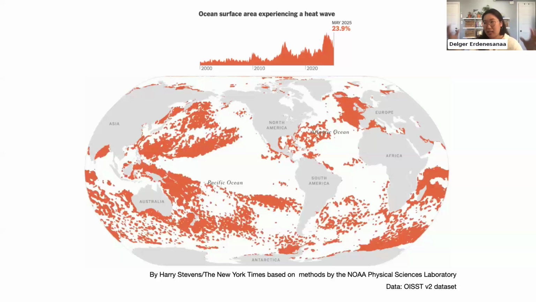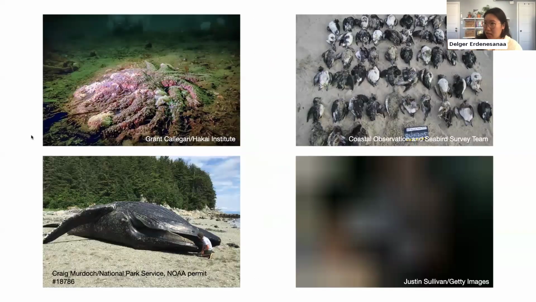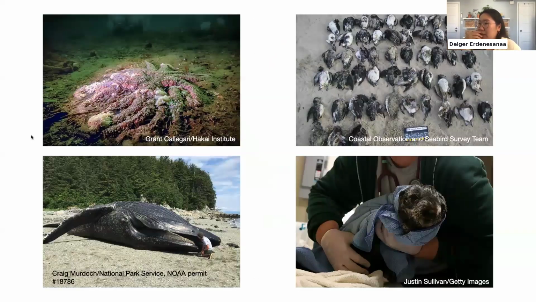The extent of this heat wave on the map was just so big that people started calling it the blob. The creatures you see in these photos are all victims of the blob in some way. For example, sea stars wasted away from a terrible disease.